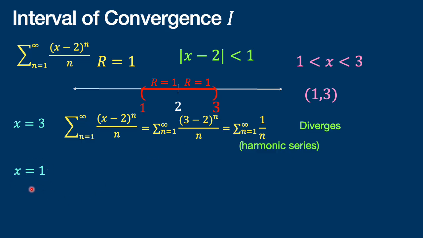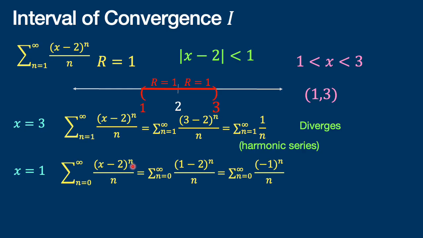At x equal 1, the summation of x minus 2 to the n: 1 minus 2 is negative 1. You have negative 1 to the n over n. This is an alternating series. By the alternating series test, this series converges.